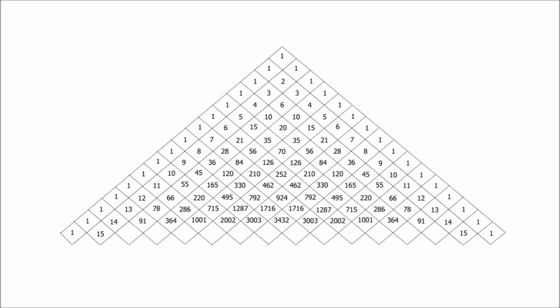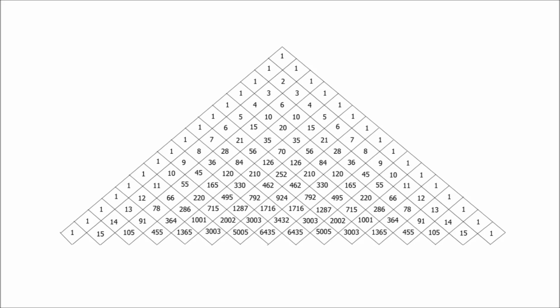And 1287 plus 1716 is 3003. And then the middle one, well, doubling 1716 gives us 3432.